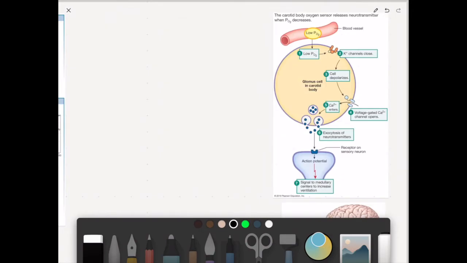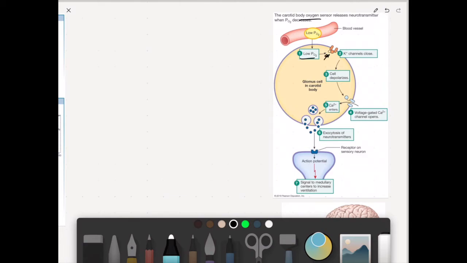Now our body knows exactly how much carbon dioxide and oxygen that we have in our body based on these oxygen sensors in our carotid arteries. The carotid arteries are the arteries that bring blood to our brain. And if oxygen is low, that clogs up potassium leak channels.